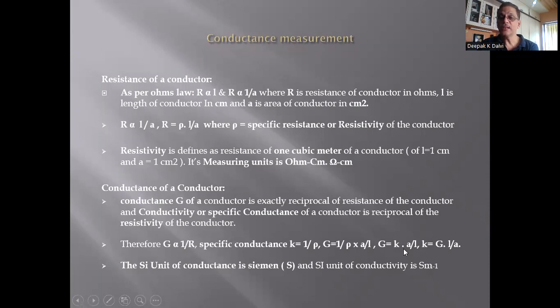G is equal to K into A over L. Now what is K? It is 1 over rho, which is the reverse of specific resistance or resistivity.